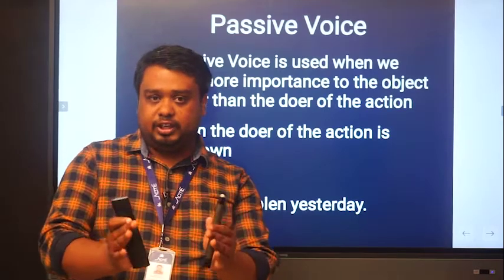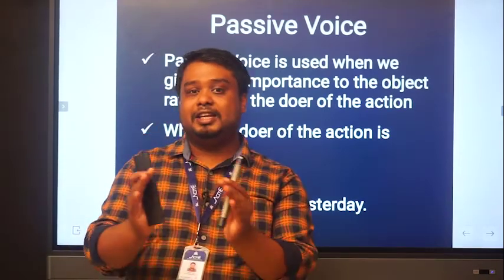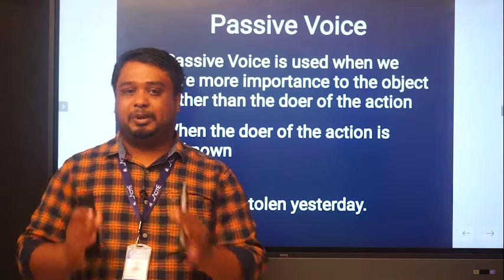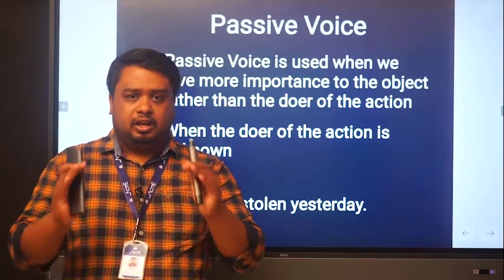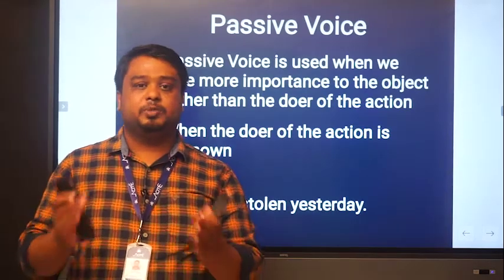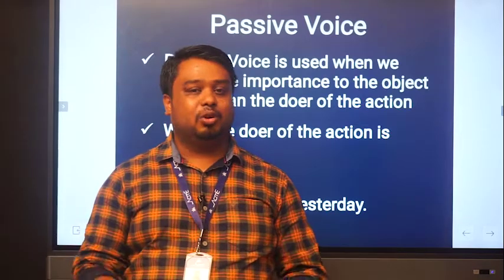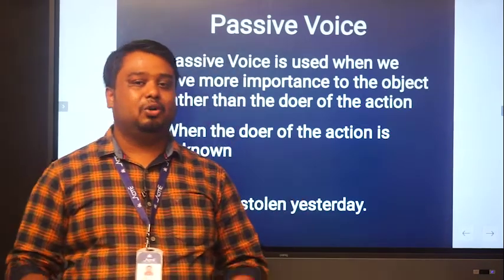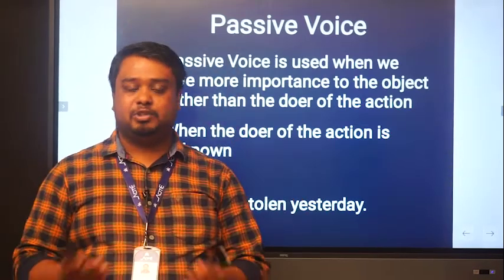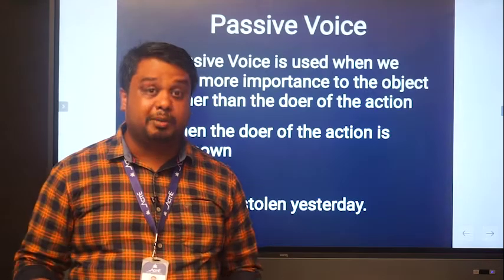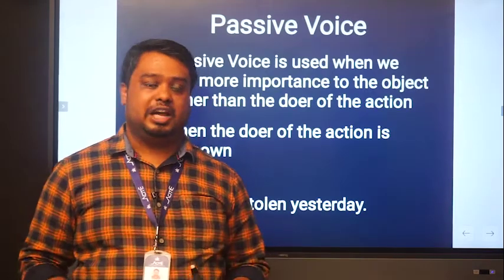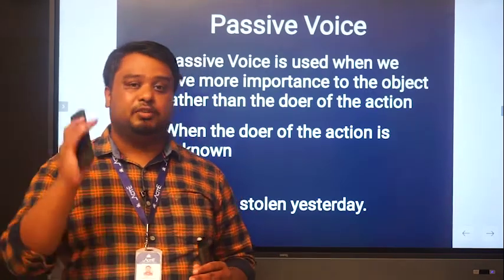Here I am just telling you all the food has been eaten. It's in passive voice because I give more importance to the object, food. I'm hungry, I'm in need of food, but no food is left for me. So I say all the food has been eaten. I'm not bothered about who has eaten it. I'm just bothered about the object, food.